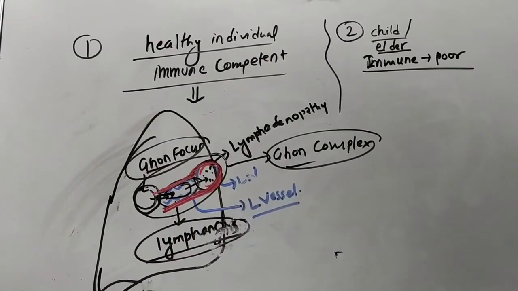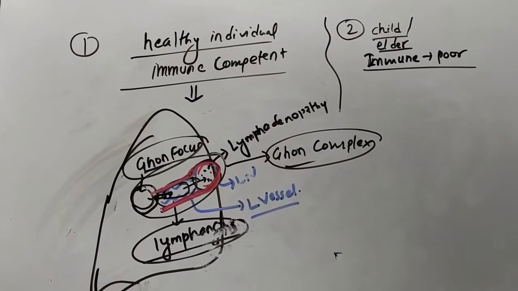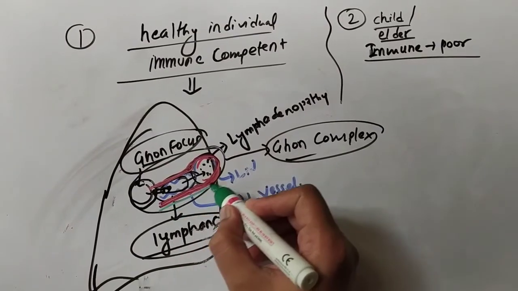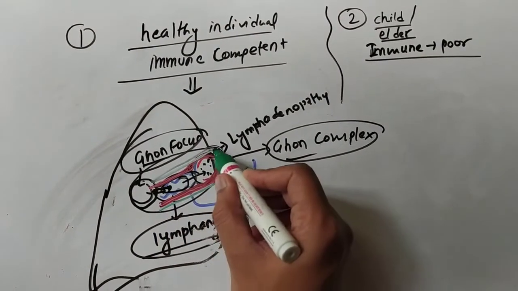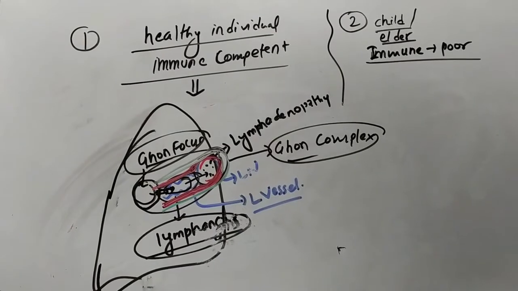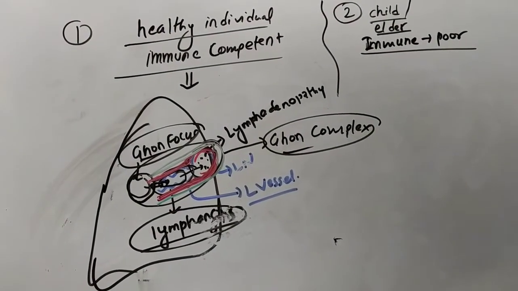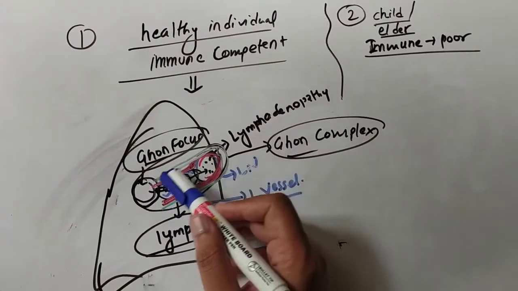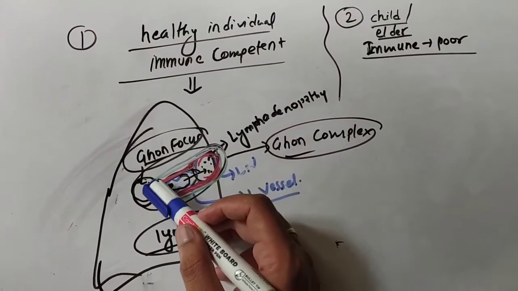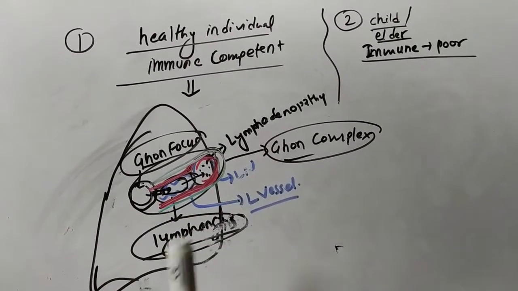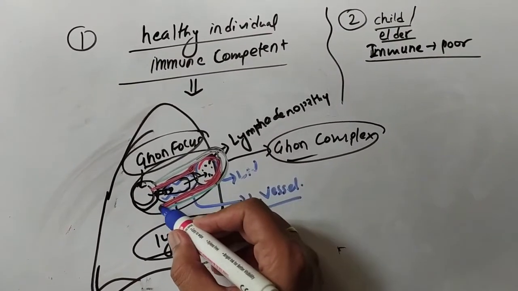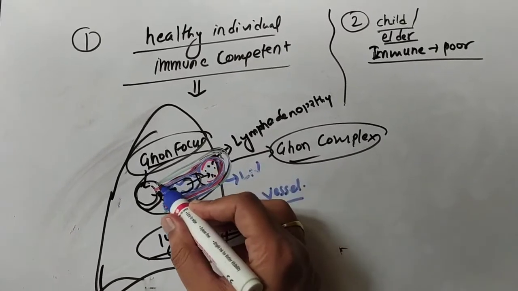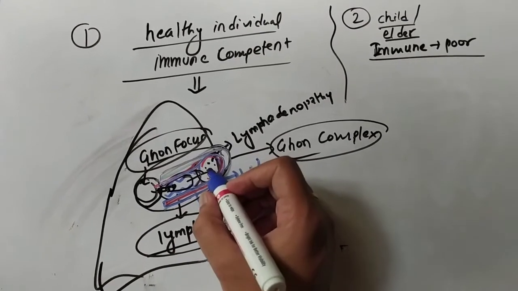And later on there will be calcification around this fibrosis part. So initially, to actually seal the bacteria, to not let them go out anywhere from this place, there will be fibrosis around the ghon complex, and there will be calcification around the ghon complex, and this thick layer that is formed around this lymph node and the lymph vessels will ultimately seal the bacteria in this area.